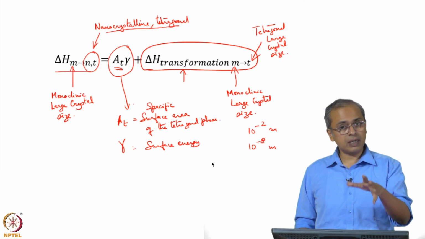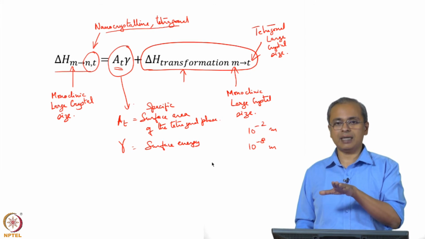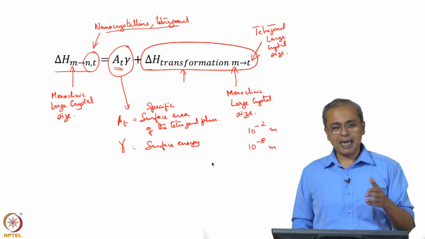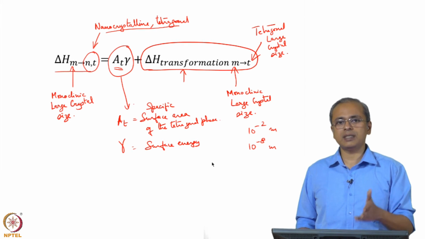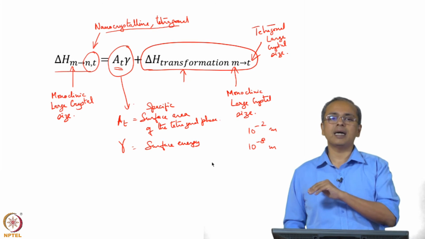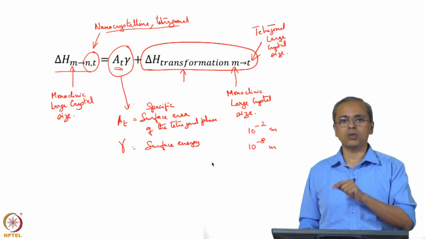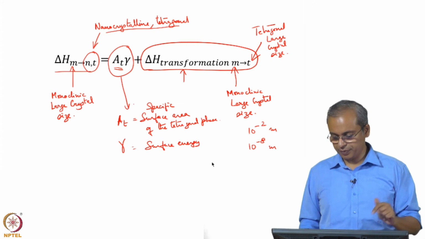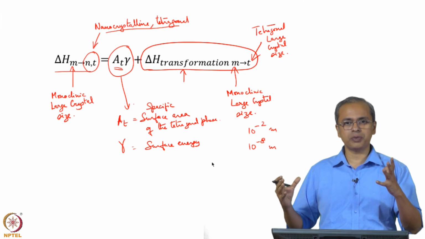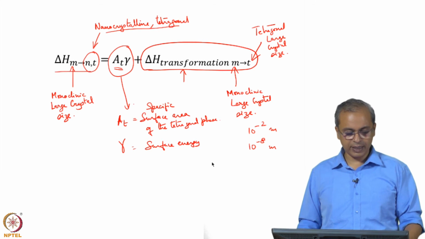So, we only talk of terms where their impact is significant to the discussion, and therefore, in most of the other situations where we would have run into this equation, we would not have written down the A times gamma term. Technically it is there, it is just that its contribution is minuscule. Suddenly you see its contribution is very significant, and as a result you start seeing a huge impact on the transformation.